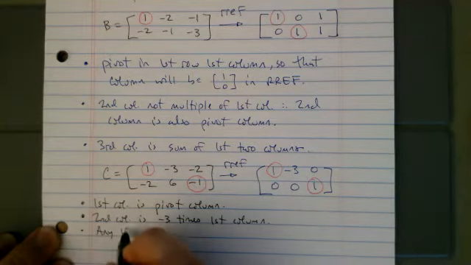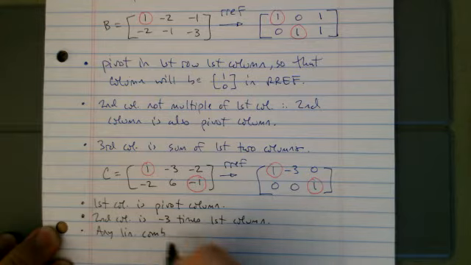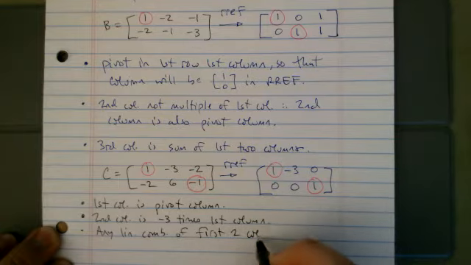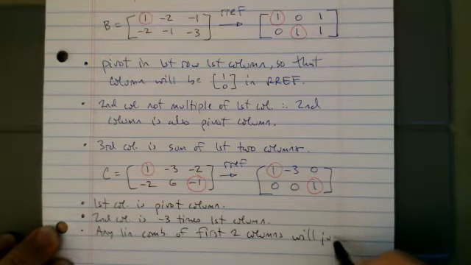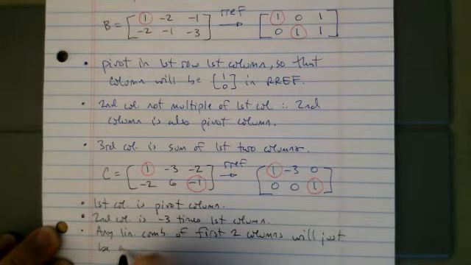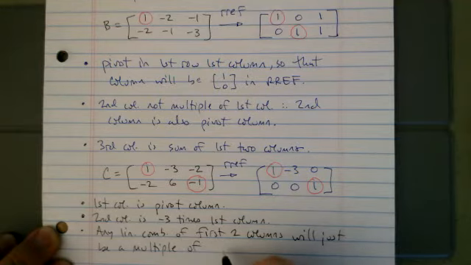Any linear combination of the first two columns will just be a multiple of the first column, 1, -2.